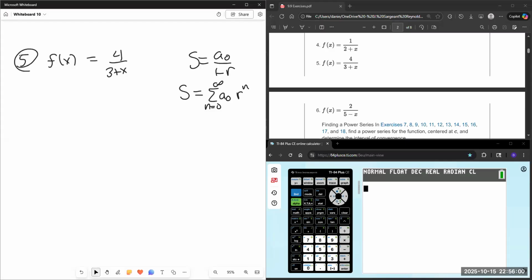So you remember that we're kind of going backwards from what the summation of the geometric series was.